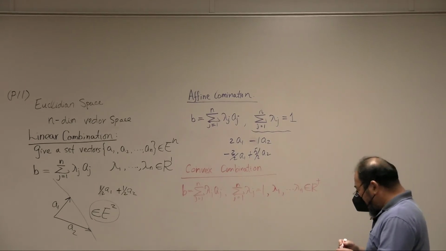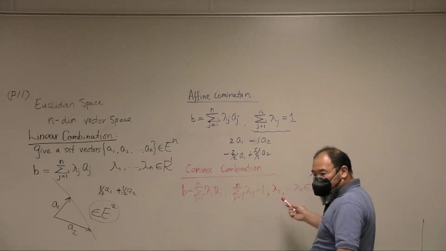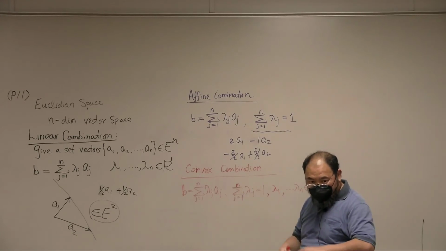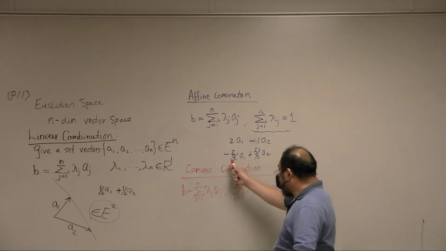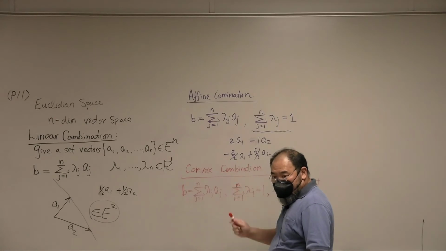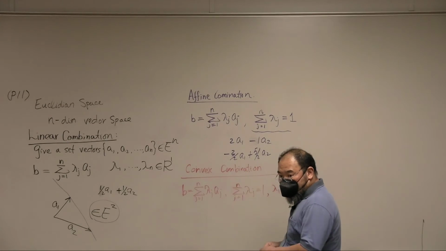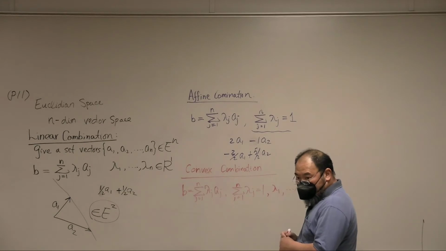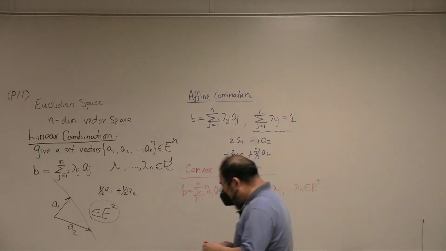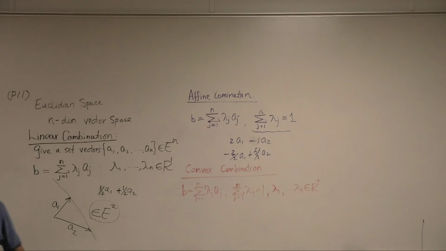Okay? What does that mean? The lambda can only take a 0 or positive value, no negative value. So this thing won't work. Does that make sense? No negative value. Everybody okay? Can you tell me, in this case, which part of affine? So, the affine combination is a subset of what?